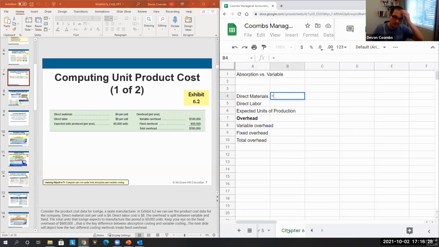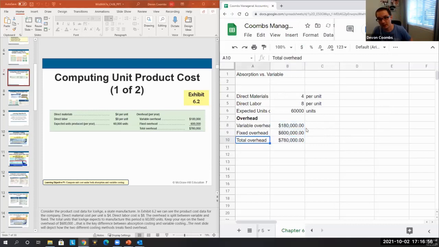We all know that. So we have $4 per unit, $8 per unit, making 60,000 units of artisan soap. And then we have $180,000 in variable overhead and $600,000 in fixed overhead. Total overhead is $780,000.